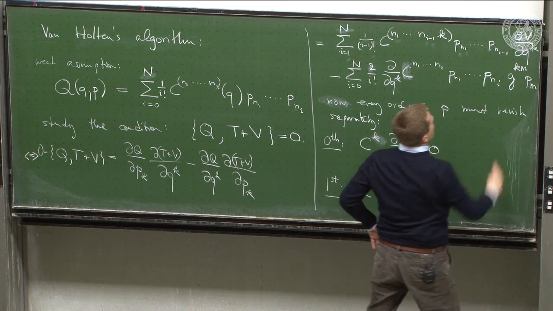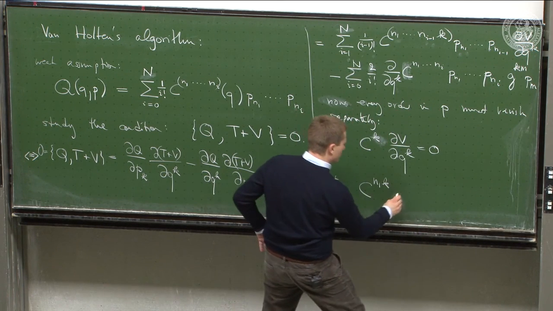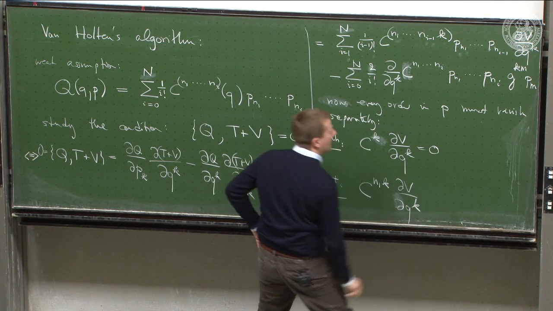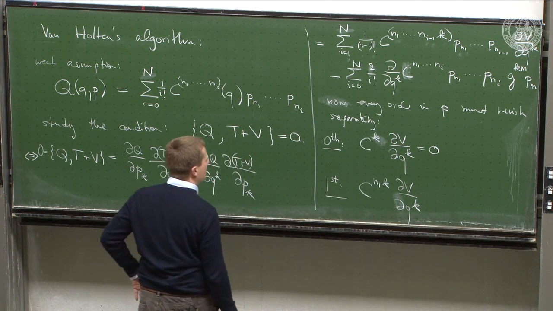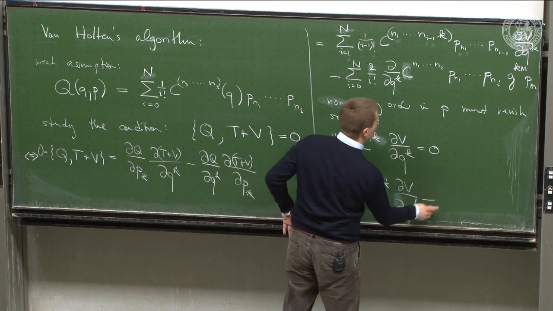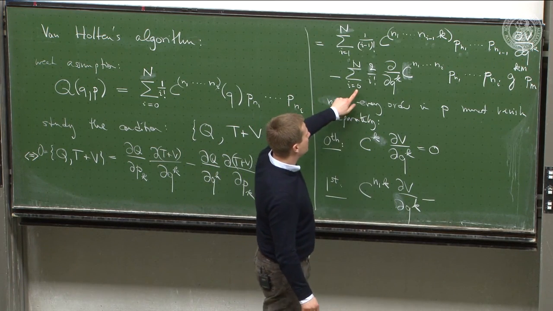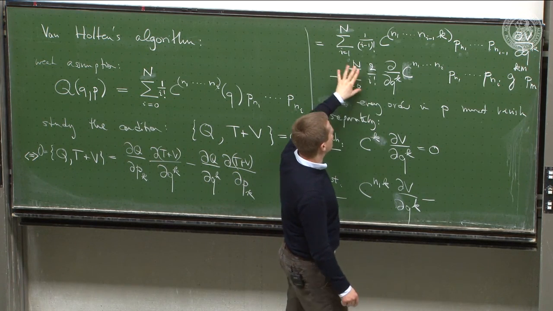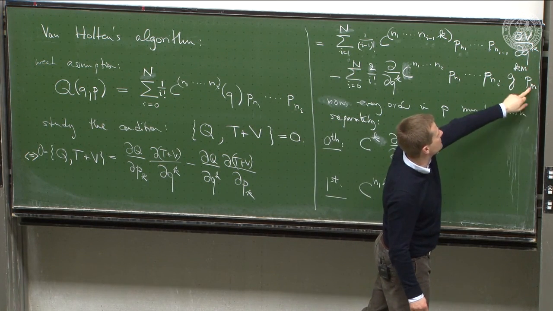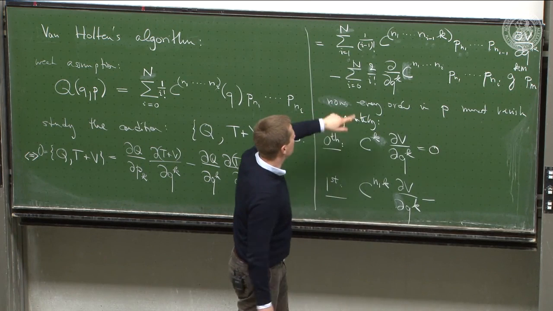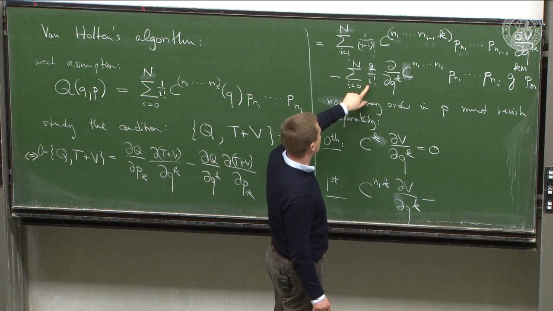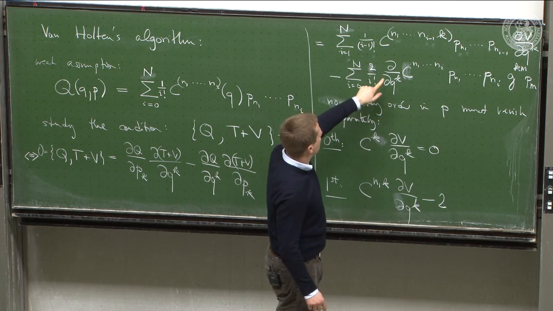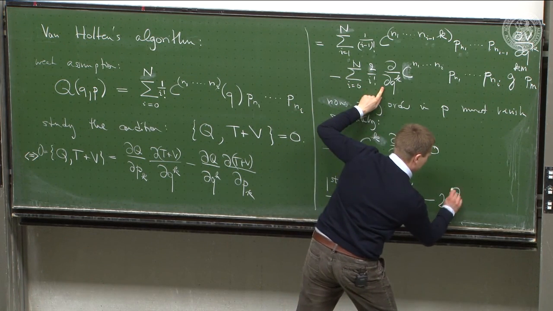And there is a dv by dqk. That's this guy. Then there is a minus. Now we come from here. Sorry, I wasn't complete. This one has no contribution because there's always 1 p. But now this contribution comes in. It's the I equals 0 is a 2, minus 2. Now I have d by dqk.